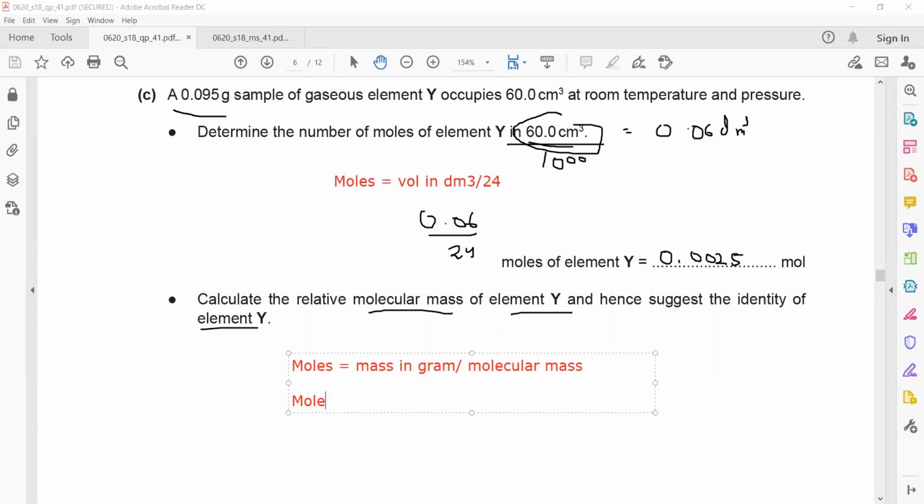So molecular mass will be mass in gram divided by moles. So 0.095 divided by 2.5 exponent minus 3 is equal to 38. So molecular mass is 38.